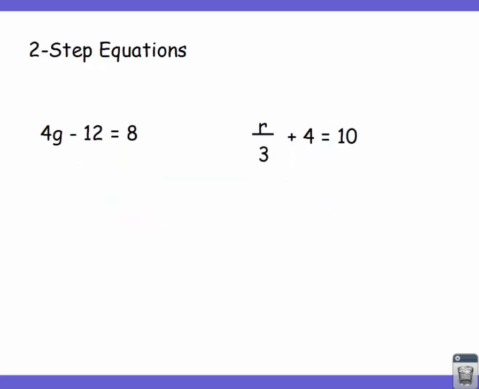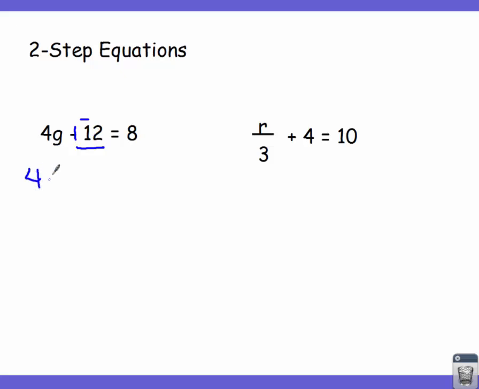Let's look at two-step equations. Okay, well with two-step equations, we just have to do both of those steps together. So in this first one, the first thing I'm going to do, as I've done in the past, I'm going to change subtraction to addition next to its opposite. Now, my goal is to get this letter by itself, but what we start with is getting rid of all of our add subtract. So we start with getting rid of the negative 12.